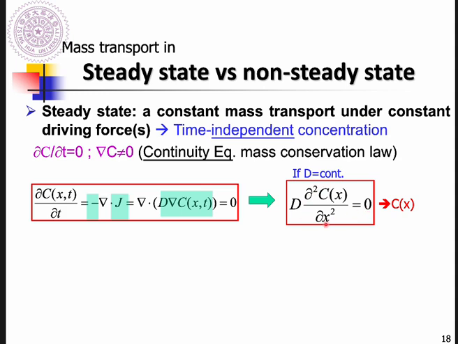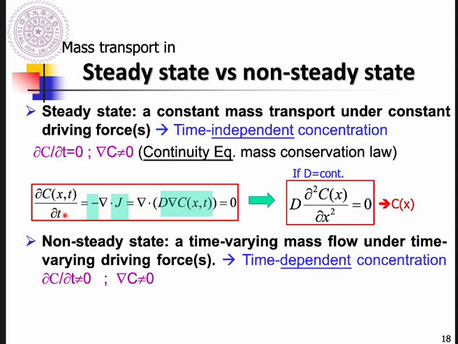As long as you solve those equations, you can get how the concentration of diffusing atoms changes with location, because it is steady state. Partial C, partial T equals 0, which means that the concentration profile does not change with time, but changes with location. So based on this equation, you can get how it changes with locations.